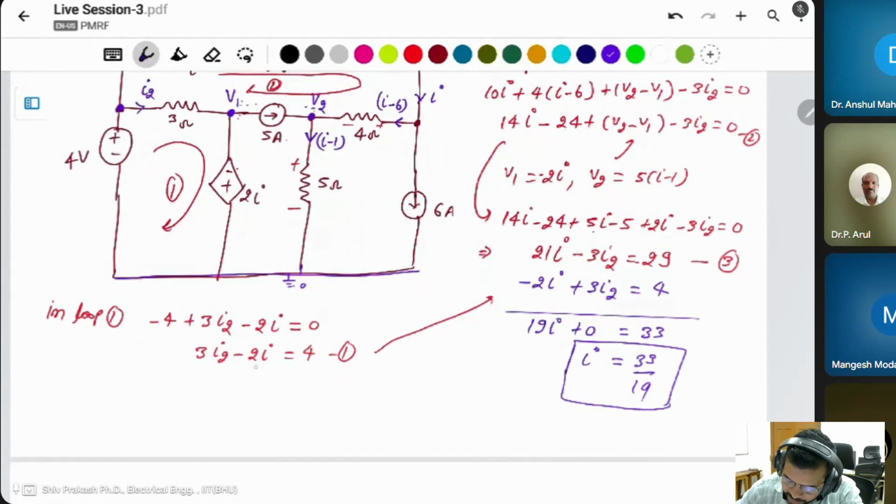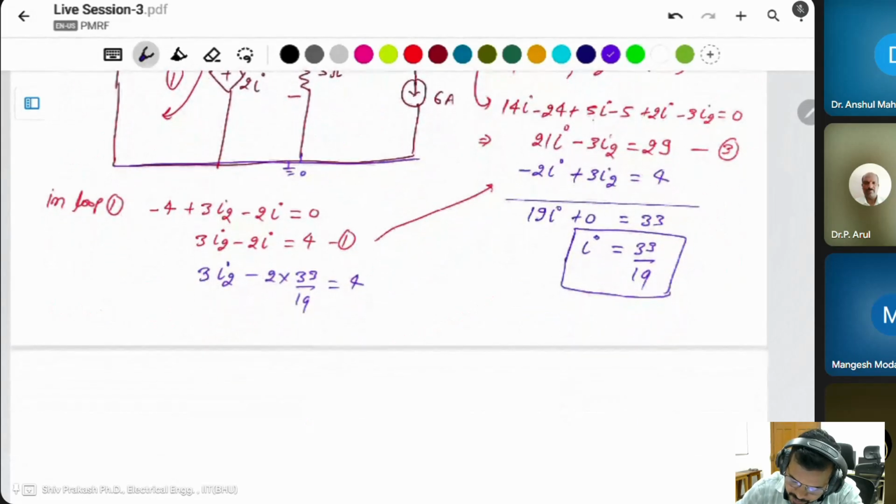You can put the value of I here to find I2. Minus 2 times 33 divided by 19 is equal to 4. 3I2 is equal to 4 plus 66 divided by 19, which is 142 divided by 19.